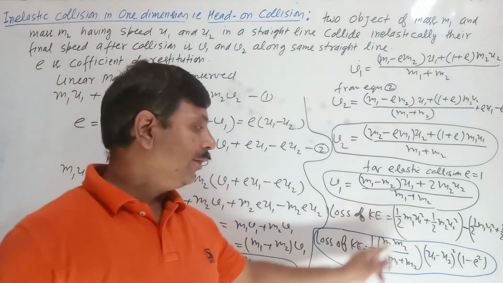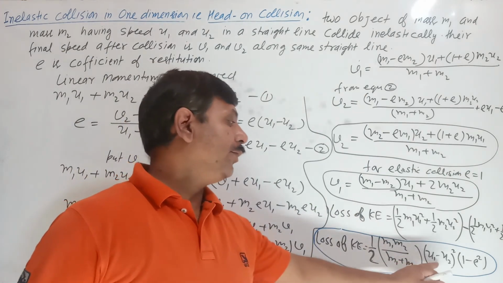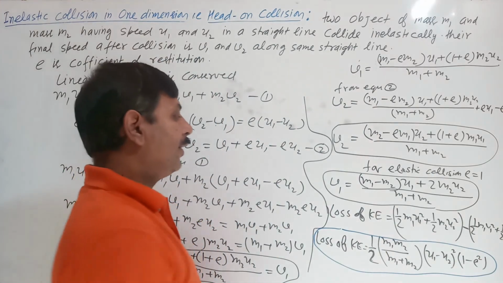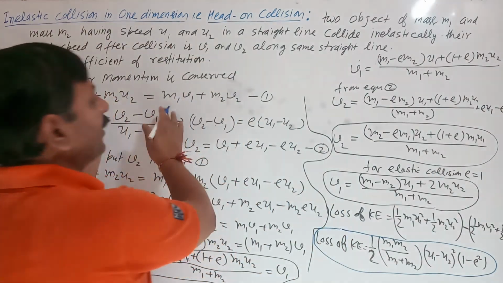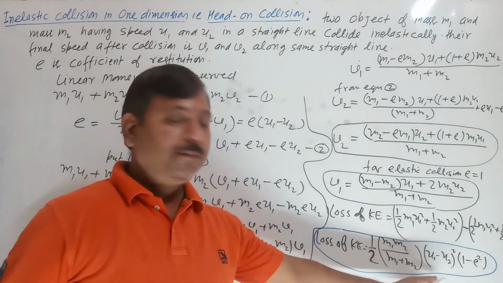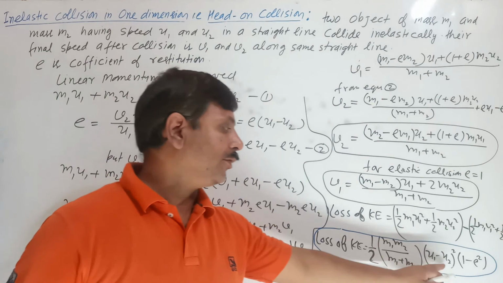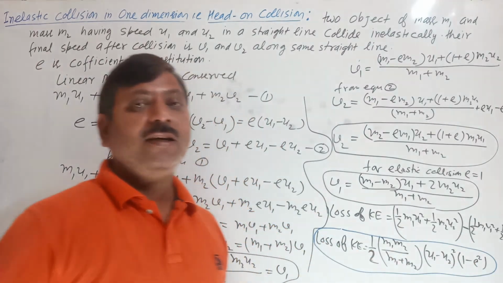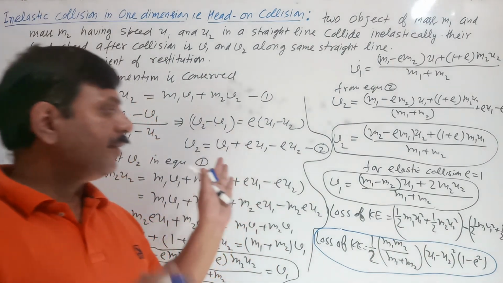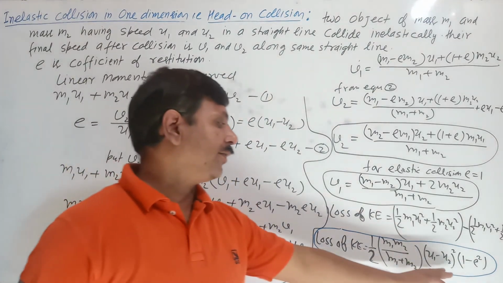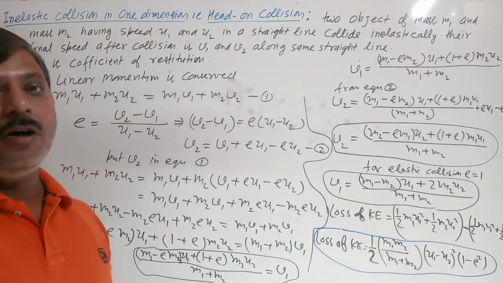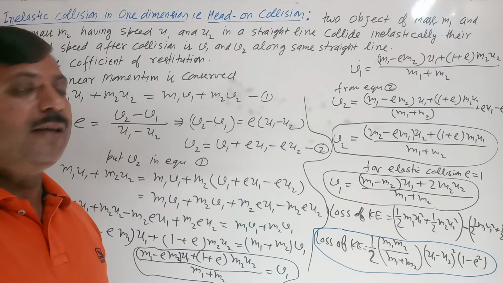This is also called reduced mass. ठीक है, u1 minus u2 square 1 minus e square. ठीक है, this is initial kinetic energy minus final kinetic energy. Actually this comes as a positive quantity because these are positive, square positive, e is less than 1, so this is also positive. Mean kinetic energy of first minus kinetic energy of second is positive quantity. That's why we can say there is loss of kinetic energy.